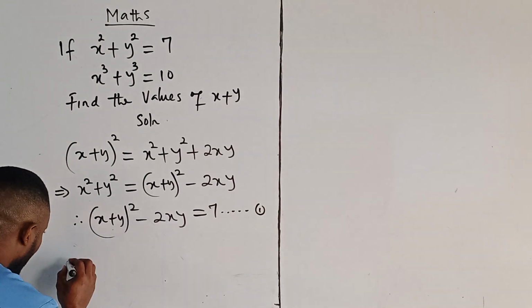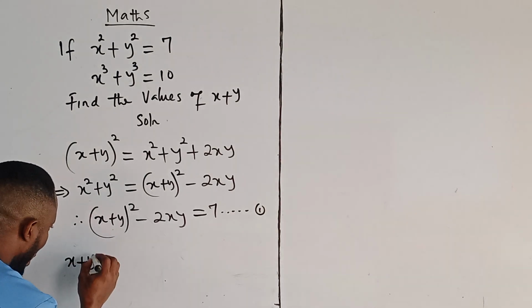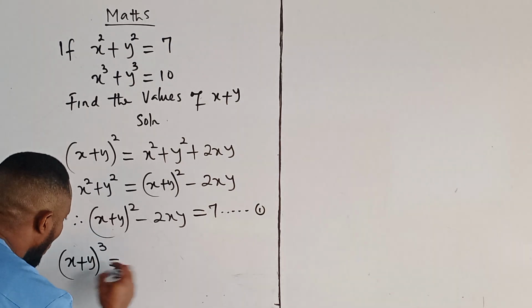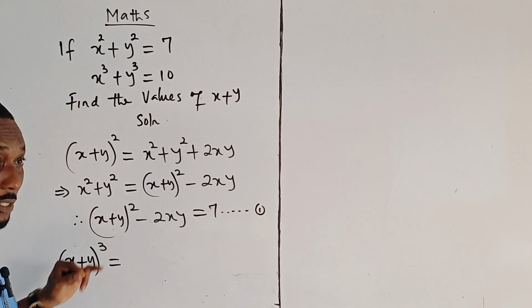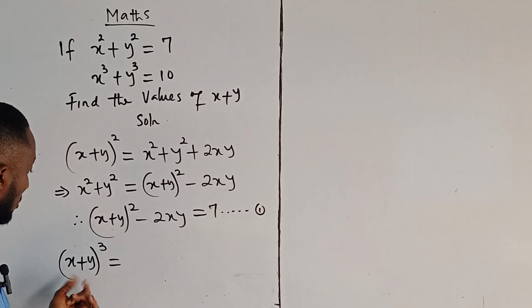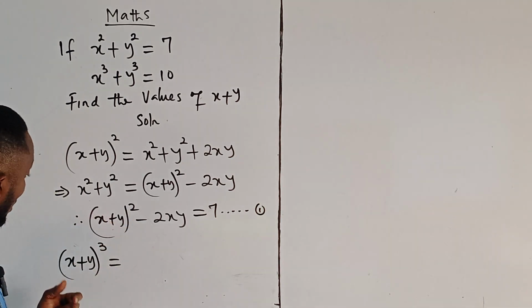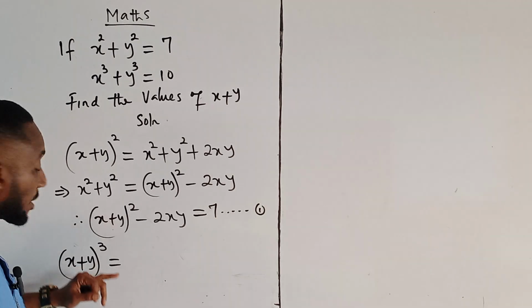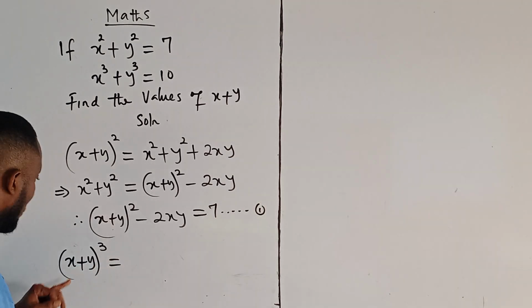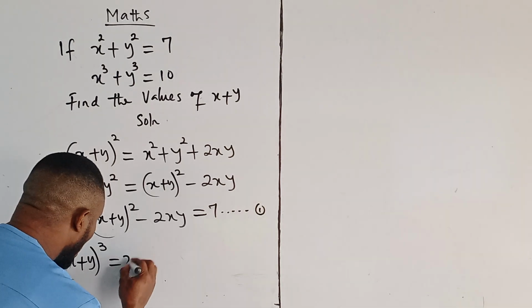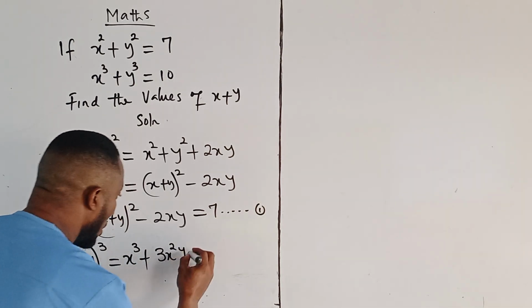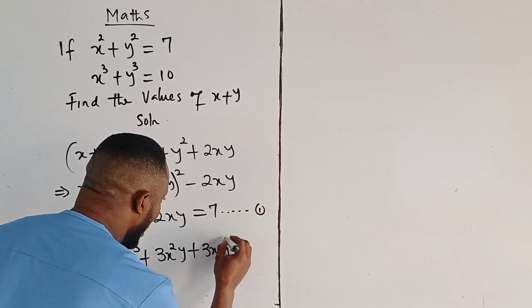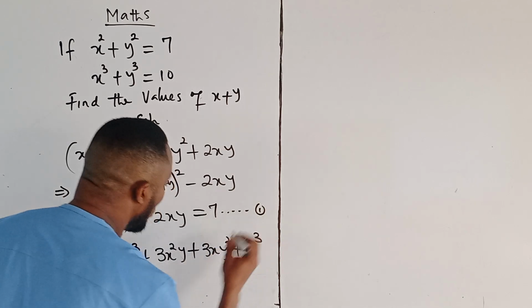I also know that x plus y all cubed, this is the cube of a sum. You can either do this by direct expansion of x plus y multiplied 3 times, or you can use the Pascal triangle or binomial expansion. So either way, you are going to get x cubed plus 3x squared y plus 3xy squared plus y cubed.